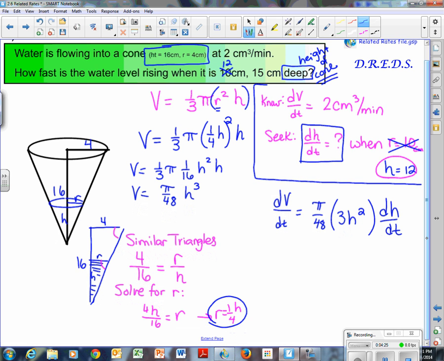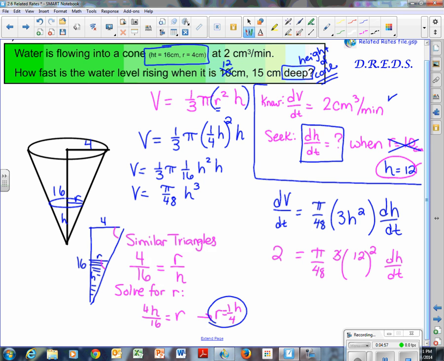Very nice. Now let's substitute things in. We knew dV dt was equal to 2 cubic centimeters. So 2 is equal to pi over 48 multiplied by 3, and then our H, we said let's let H be 12, and that is going to get squared, and then dH dt.